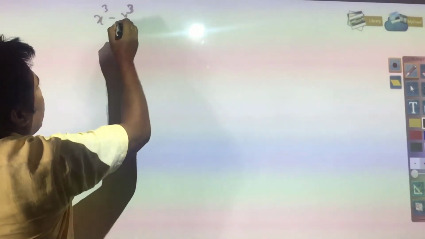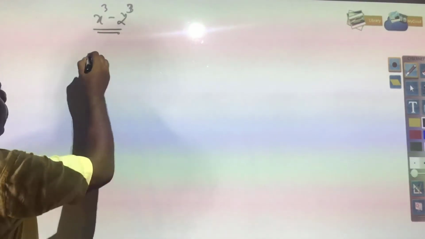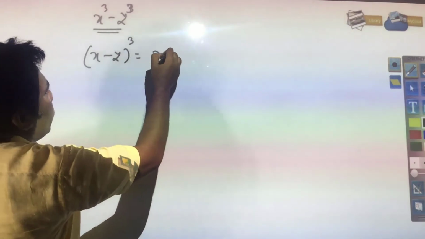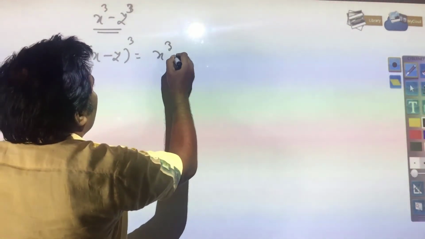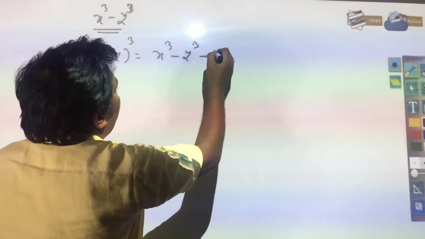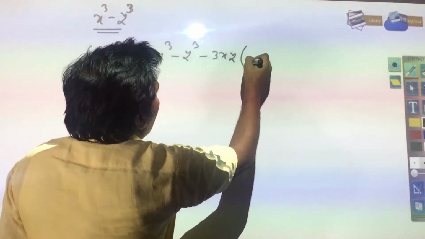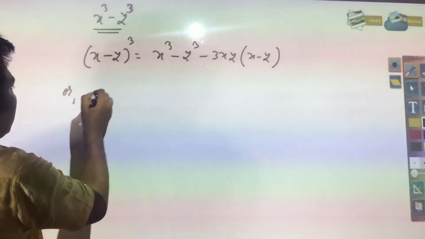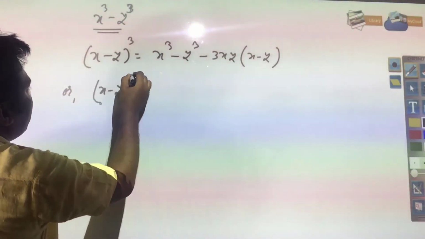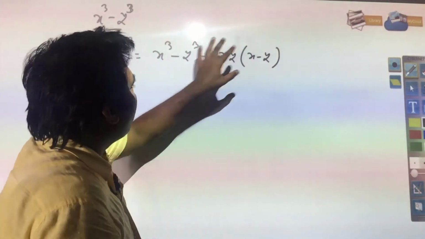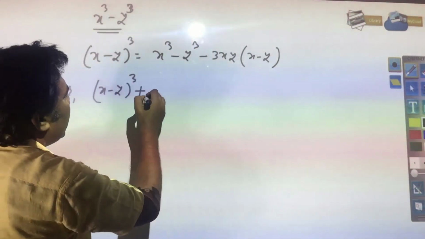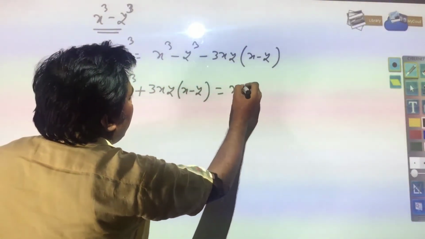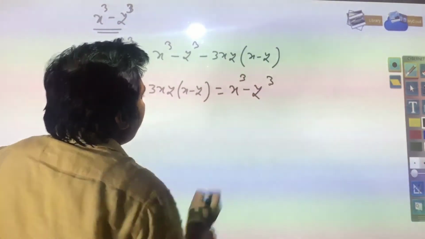X cube minus y cube, this formula we need to derive, and for that we know x minus y whole cube is equal to x cube minus y cube minus 3xy into x minus y. This whole term we will bring to the left side. So, it will become plus 3xy into x minus y, and that is equal to x cube minus y cube.